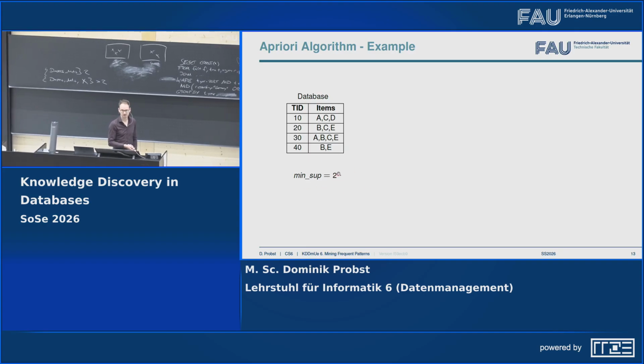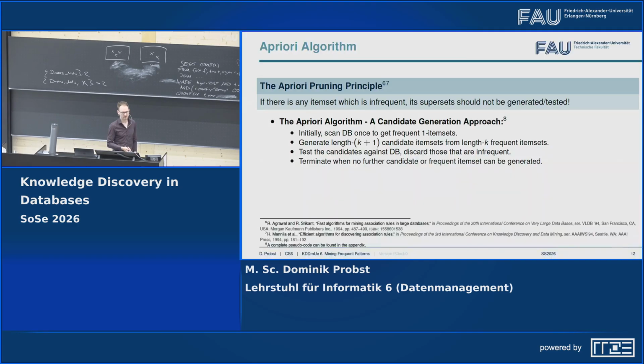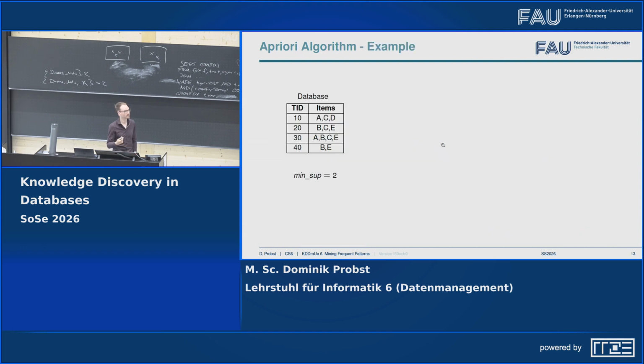So the first step, according to our algorithm, is to scan the database once to get all frequent 1-item sets. So let's do that. If we go around here, we have A as an entry. So we note down, we have A 1 time, C 1 time, D 1 time.